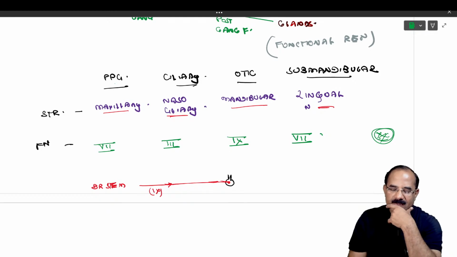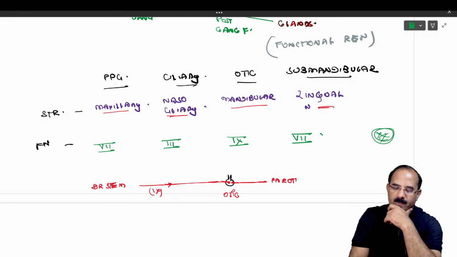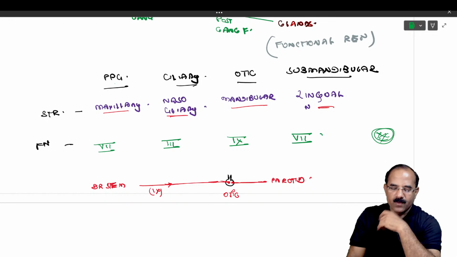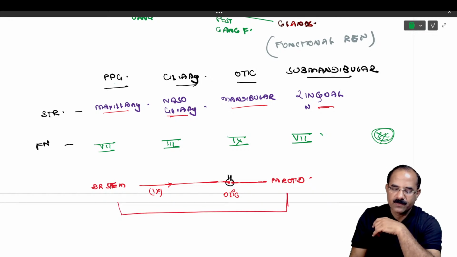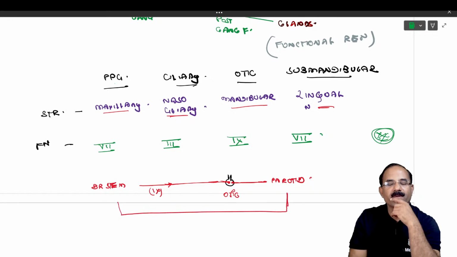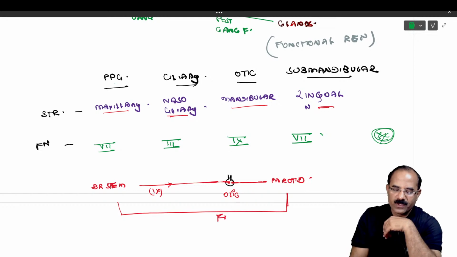नहीं समझ में आ रहा है? Which is this ganglion? Otic ganglion. And ये जो post ganglionic fibers होंगे ना, what are they going to supply? The parotid. What is this relation of the ganglion? इसे बोलते हैं functional relation.